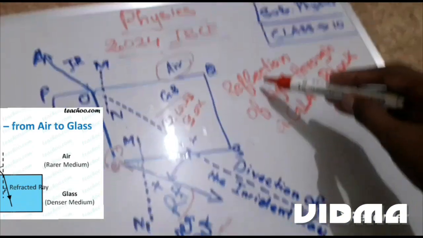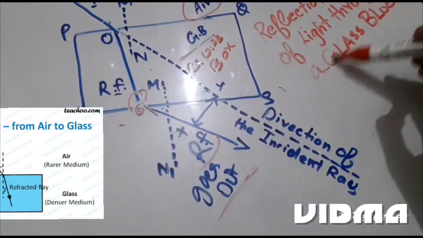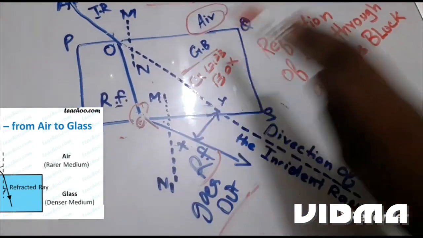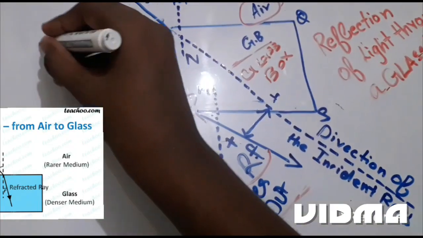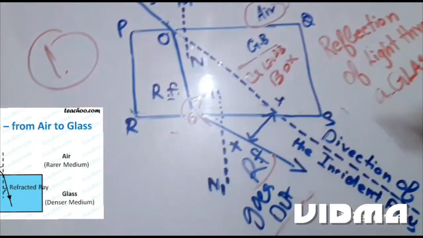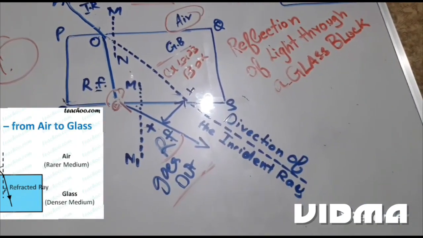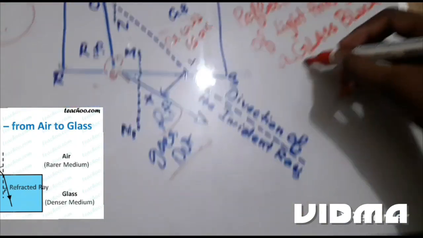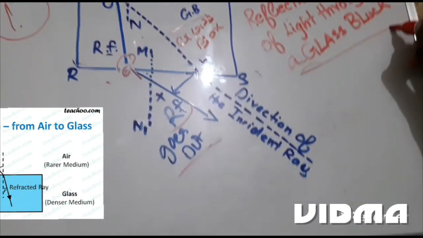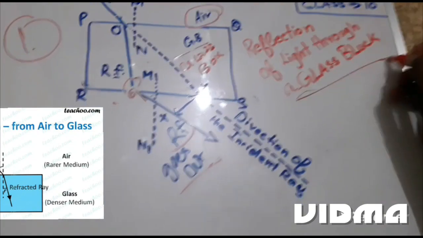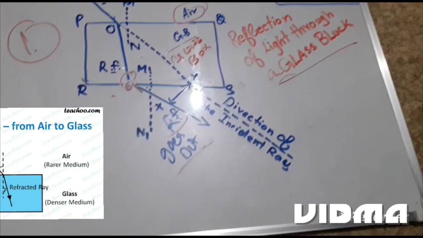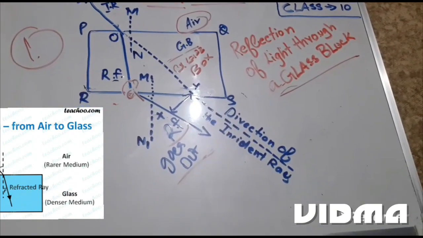This is the reflection of light through a glass box, and this is just part 1 of today's explanation.